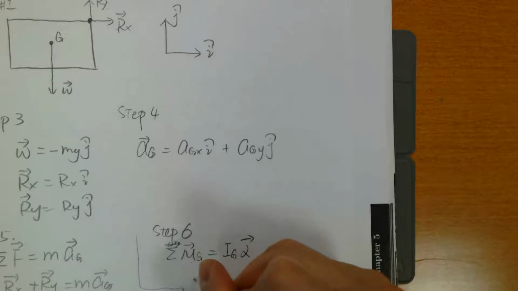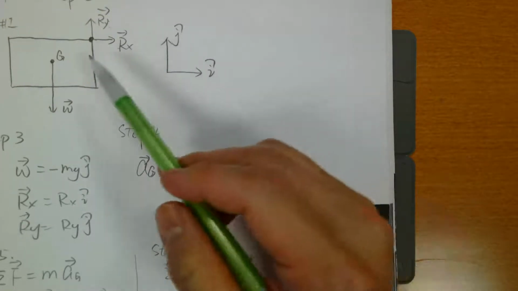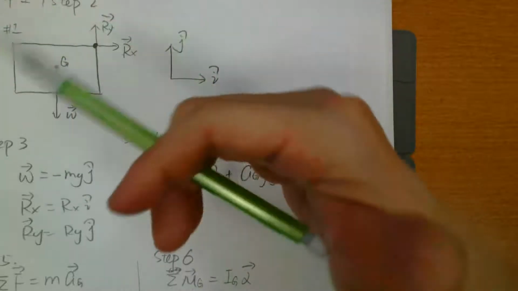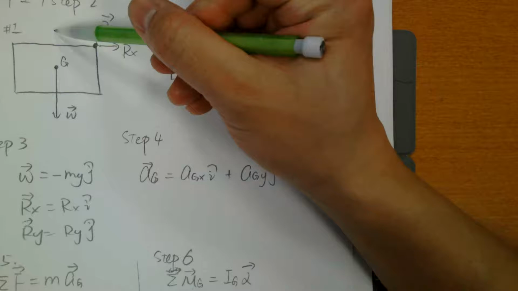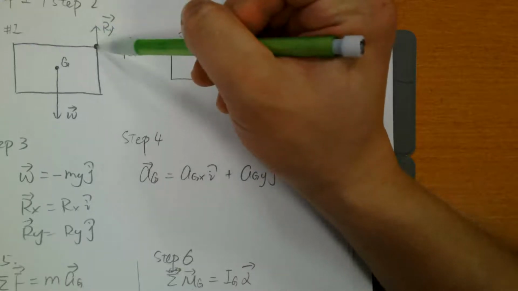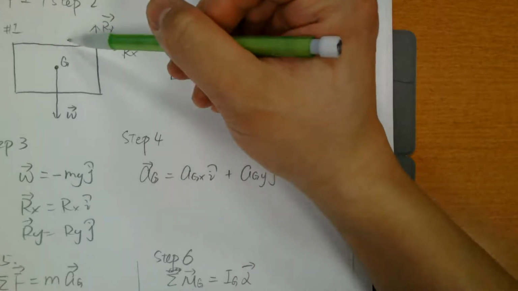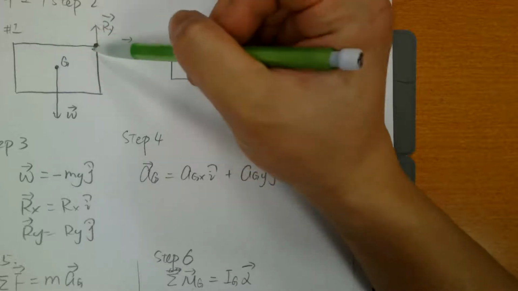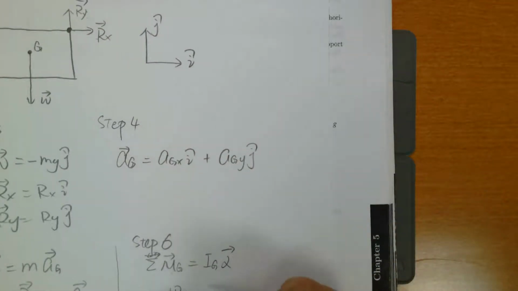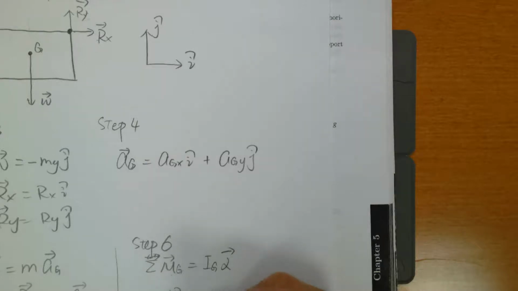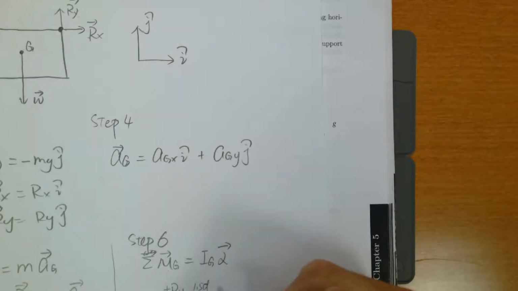So Ry is going to cause a moment about point G. It's going to be counterclockwise, and the distance from Ry to G will be half of this length. So the first moment is positive, because counterclockwise, Ry times 1.5d divided by 2. That's half of that length.